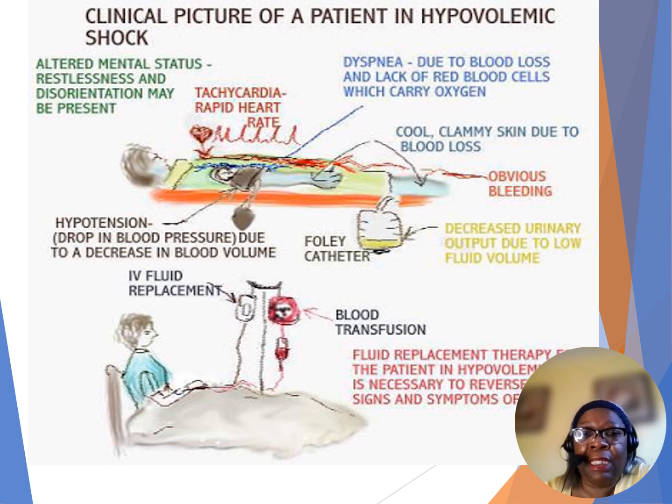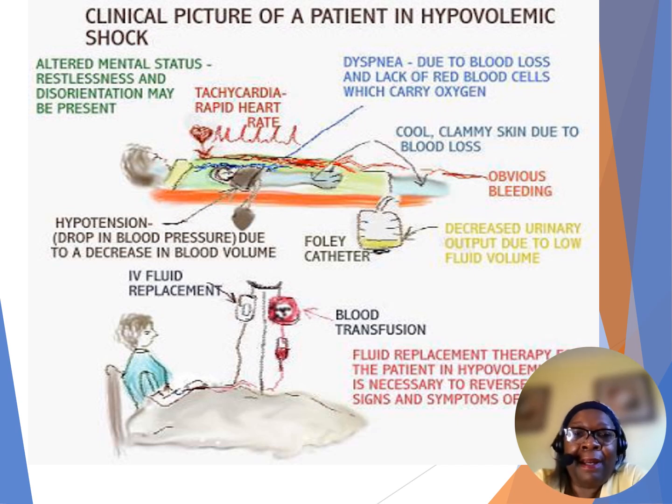I love this picture. I found it on the internet. This is a clinical picture of a patient in hypovolemic shock. Let's start over here on the left. Altered mental status, neurological, usually first signs, right? These are early signs. Restlessness and disorientation may be present.